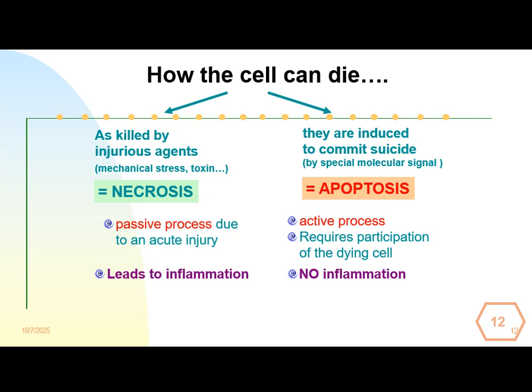So what happens in the tissue when you have inflammation? You see a lot of leukocytes coming into the injured site. There are a lot of blue dots inside the tissue, which are leukocytes, T cells or B cells. For apoptotic cells, we don't see this leukocyte infiltration into the tissue.